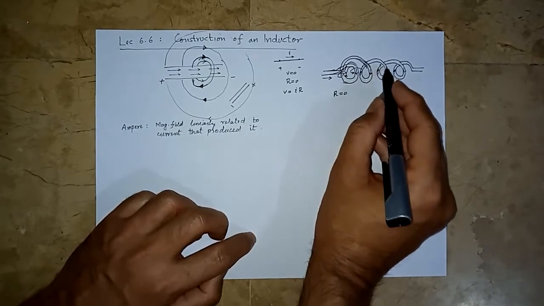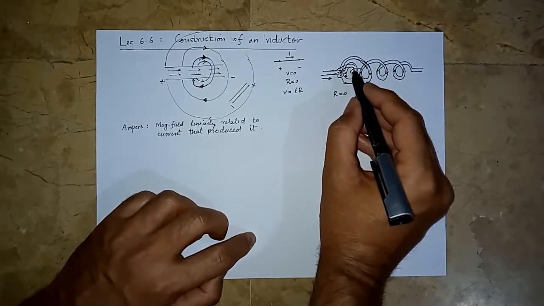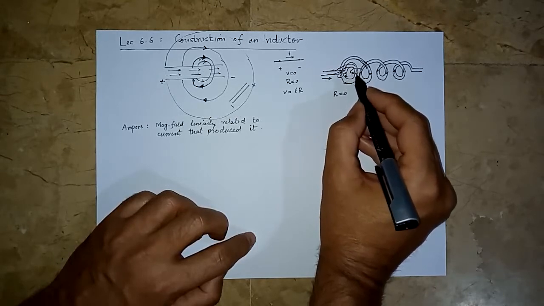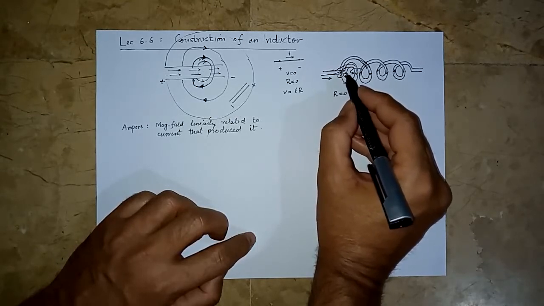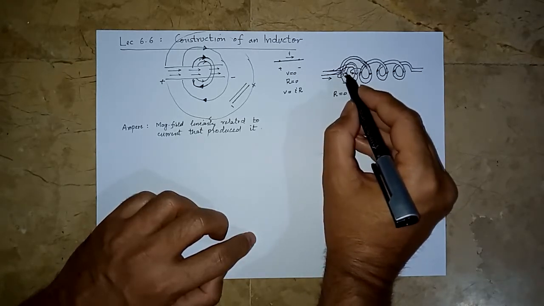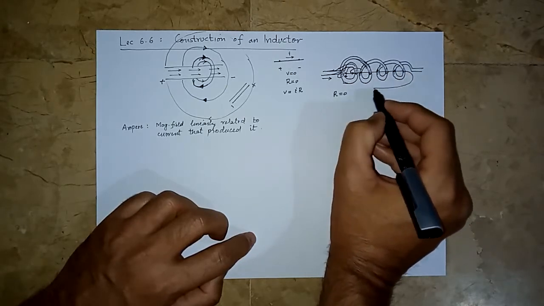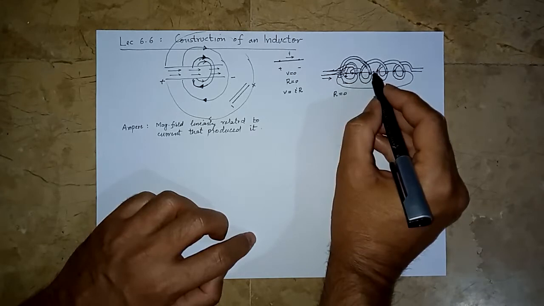So wherever we plot the direction of the magnetic field, we are going to see that these magnetic lines of forces, because of this part of the coil and this part of the coil, are basically adding and going inside. So inside they are going to strengthen. So we are going to have a magnetic field that flows like this across the whole inductor.